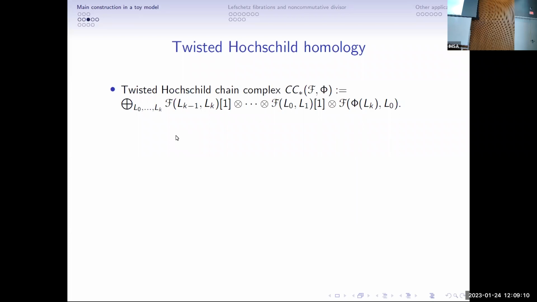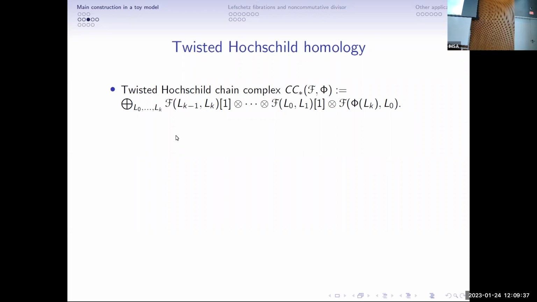So what we do is we take a k plus 1 tuple of objects indexed by L0 to Lk, and let's read from right to left. In the first coordinate here, we insert the automorphism phi to the first component of this hom space. And for the other components, we just take the hom spaces in the A-infinity category.